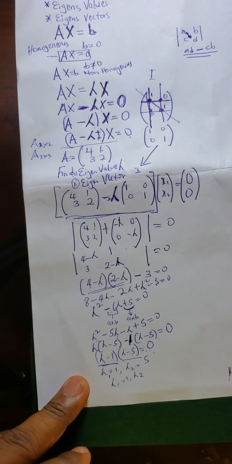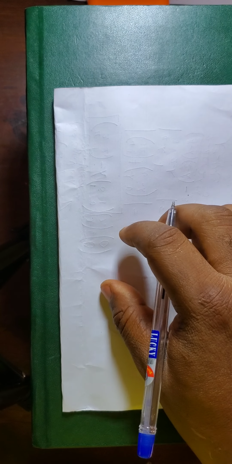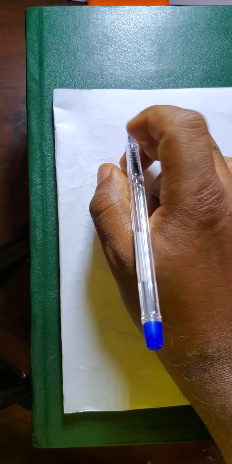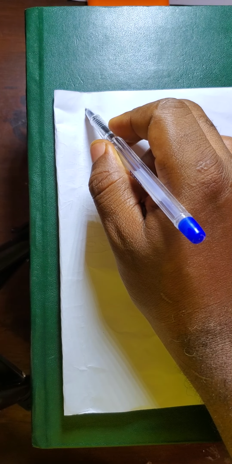We already solved case number 1. To solve case number 2 now, we are going to consider when our lambda is 1 and when our lambda is 5. So we go back to the original vector equation.